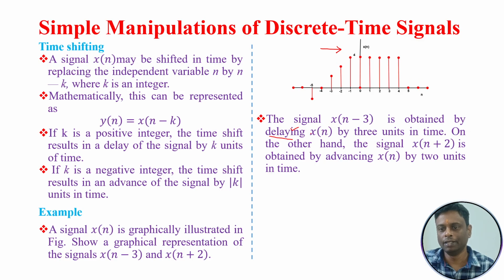That is the meaning of delaying the signal x of n. So if we delay the signal by 3 units of time, this signal gets shifted towards the right by 3 units.